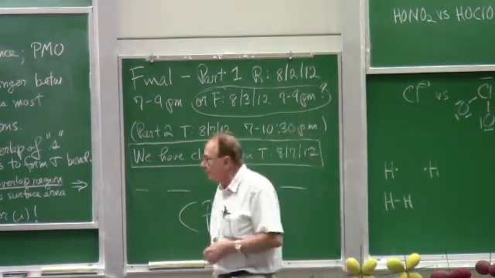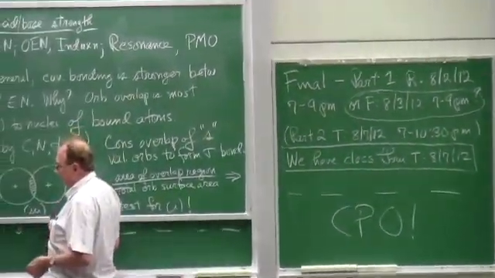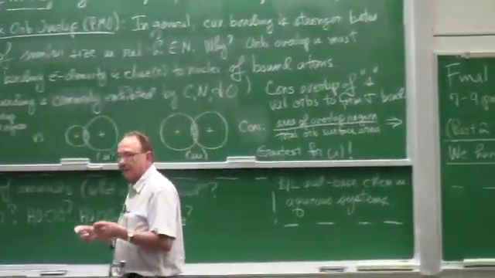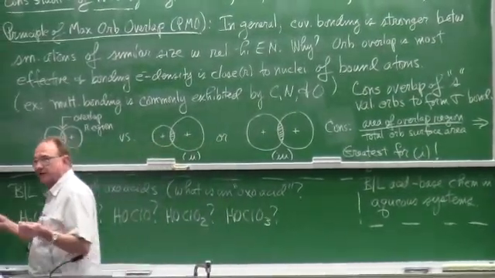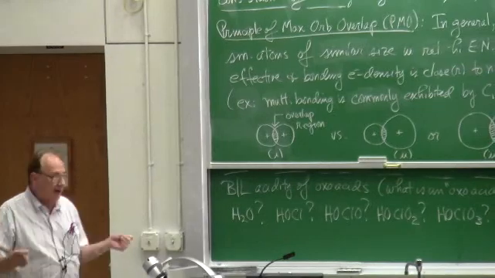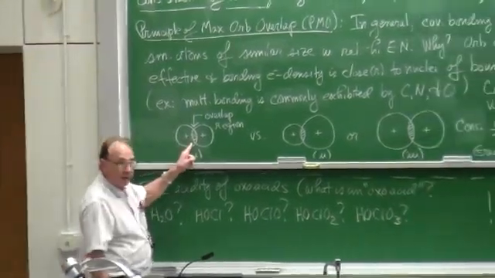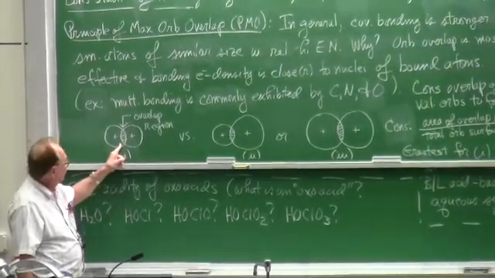What might that look like? Well, we've got pictures over here. If the atoms are of the same size, then their valence orbitals are the same size. And we can draw a picture of the overlap interaction like this.